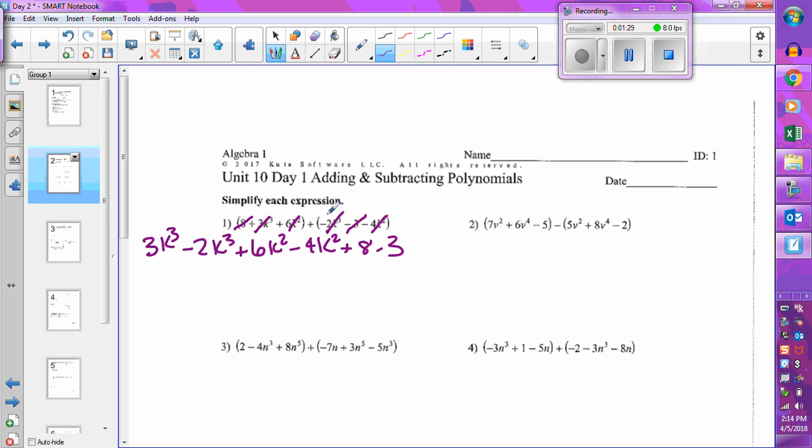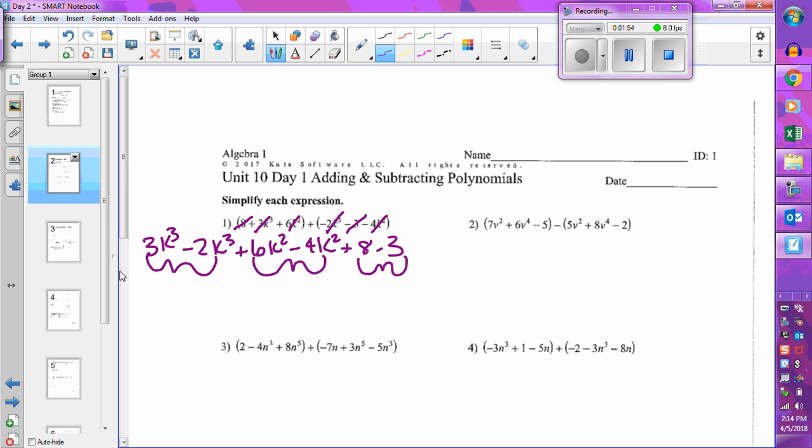This just indicates to me that I put everything in standard form and I used all of the terms that are here. All right, so it looks like we can combine these. So we're combining like terms. So I have a positive 3k and a negative 2k, both of them raised to the third degree.